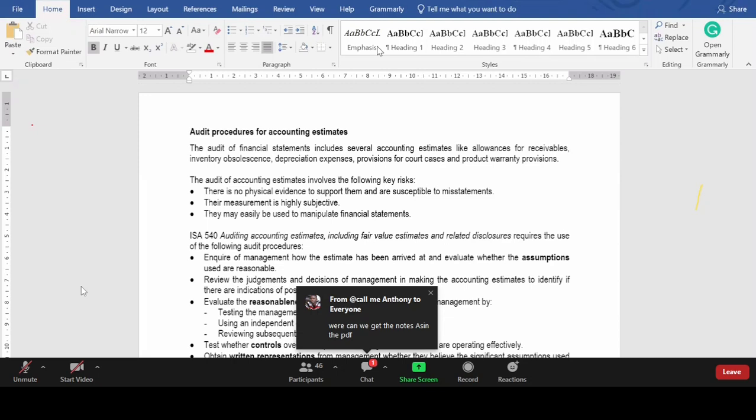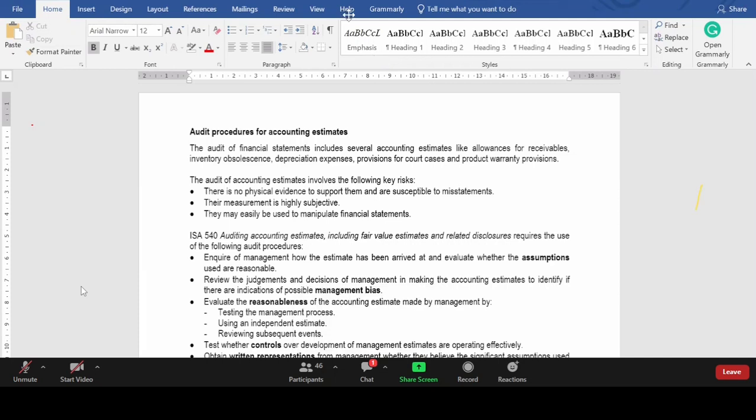Accounting policy. Go ahead and explain. What does it require? What are the requirements in that standard? Okay, simply it provides guidance on a selection.